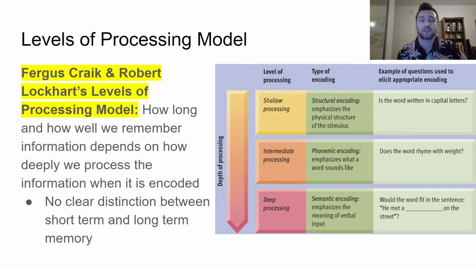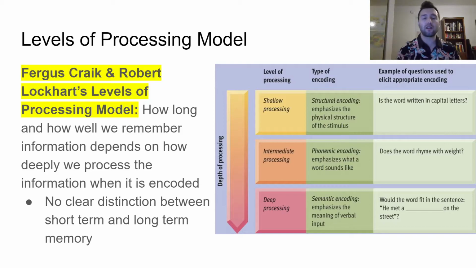Basically, what it says is that how long and how well we remember something depends entirely on how deeply we process the information. So when something is being encoded, how deeply are we processing that information?